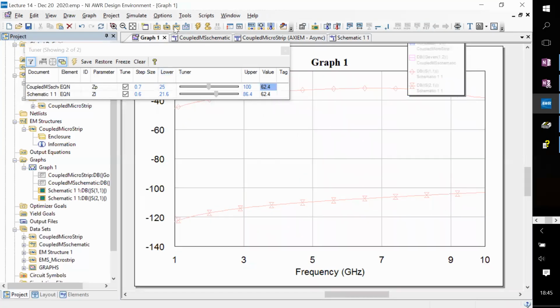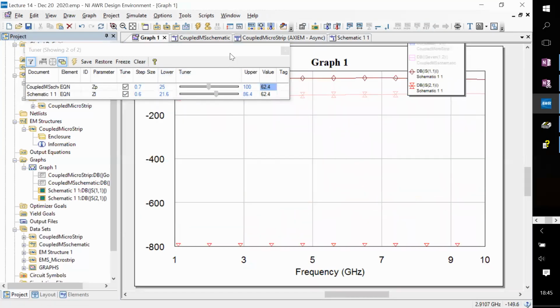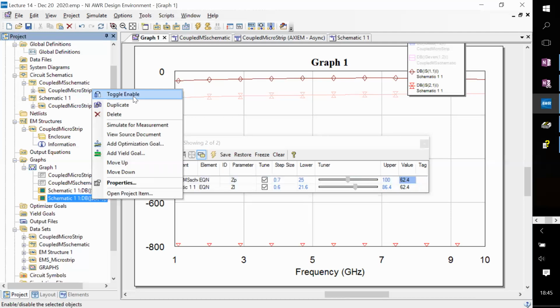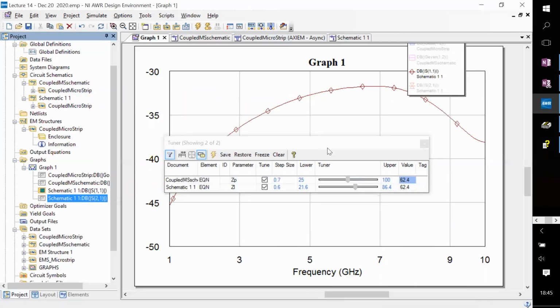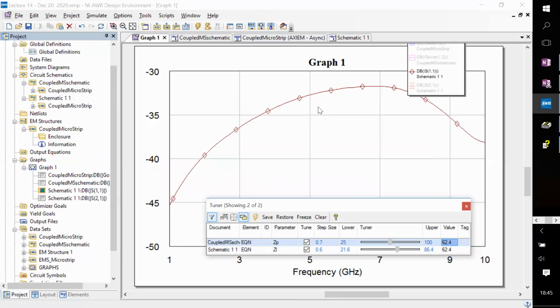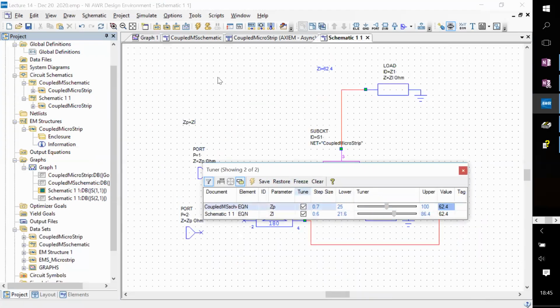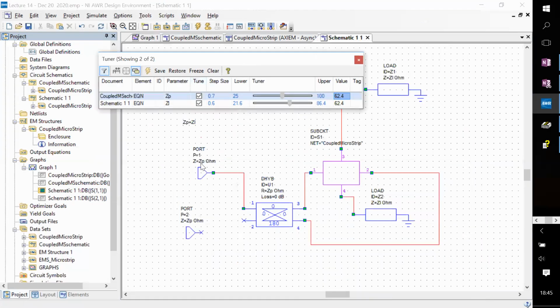And I go back and do this, and now this transmission to port 2 has become very small. It's showing minus 800 dB, but essentially it's the same. So does this answer your question? If one is only working in even mode excitation space, then this does not matter. You can leave this disconnected because nothing is going to come out here.